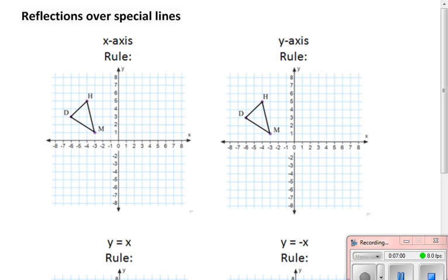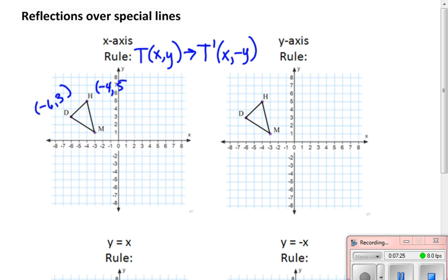Now, as I mentioned, there are these specialty lines and they have rules. Now, the rule is written T of xy, that's your original, will become T prime of, leave your x alone, do the opposite sign on y. So if we look at this, I am at -6, 3, -4, 5, and -3, 1.